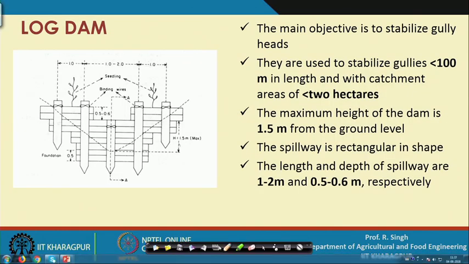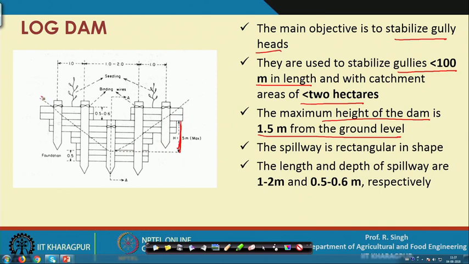And lastly, we have log dam, which is used to stabilize gully heads. So, basically logs are used here. They are used for gully stabilization where the gully is less than 100 meter in length, the catchment area is less than 2 hectares, and the maximum height of the dam is 1.5 meters from the ground surface. So, there you can see that it is the maximum 1.5 meters from the ground surface.